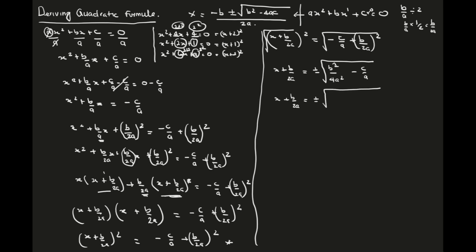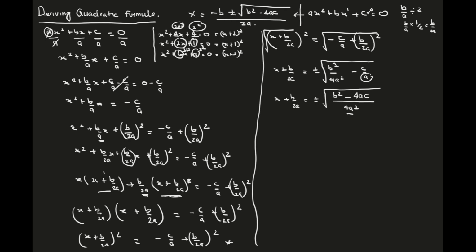Okay, so the common denominator here is 4a squared. This into there, it's 1 times b squared. We have b squared here. Then here, a into 4a squared, we get 4a times c.